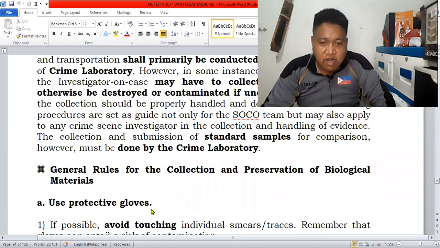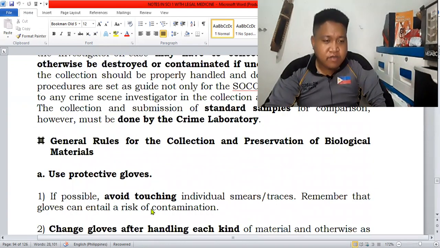General rule for the collection and preservation of biological materials. These are live materials like blood. What will you do? Use protective gloves. If possible, avoid touching individuals' smears. Remember that gloves can entail a risk of contamination.